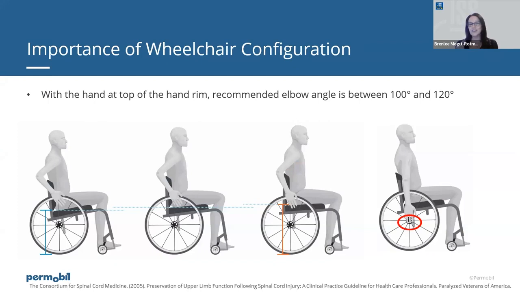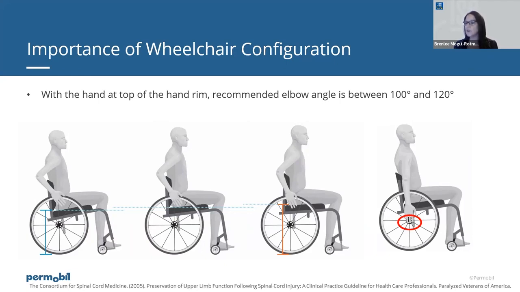If the wheelchair itself isn't configured effectively for the client and their back support's not positioned to enhance that configuration and position them over the rear wheels and give them good access to the wheels, we know that we're not going to get optimal propulsion. So the Consortium for Spinal Cord Medicine, PVA, recommends that to get the best wheel access and push from propulsion, we want, I'm going to read these angles here, the client's elbows to be flexed between 100 and 120 degrees when the hand is at dead center.